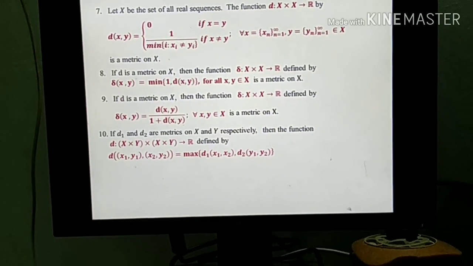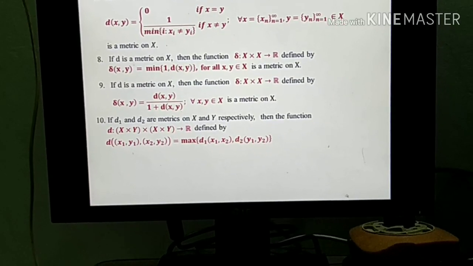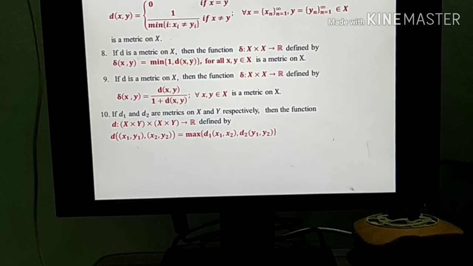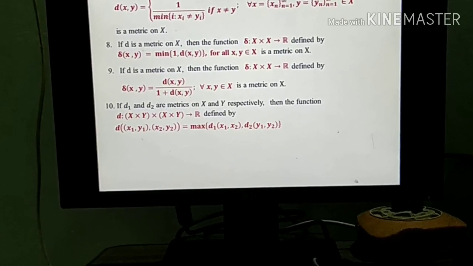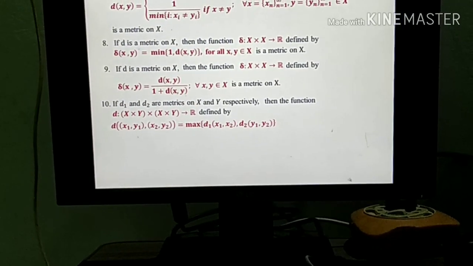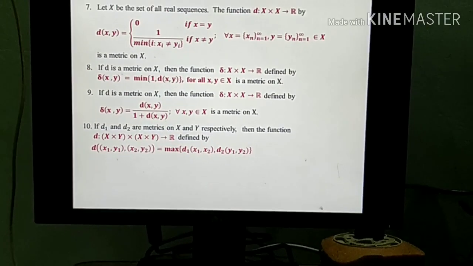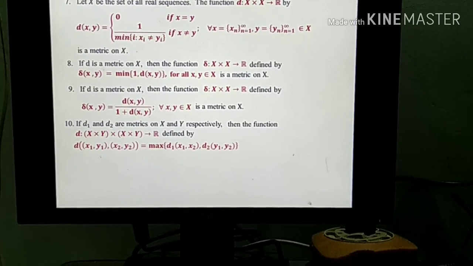The third property is very obvious. We just have to interchange (x1, y1) and (x2, y2), meaning we interchange x1 and x2 as well as y1 and y2, and it is possible as d1 and d2 are also metrics on X and Y. Therefore the third property is easily satisfied by d.